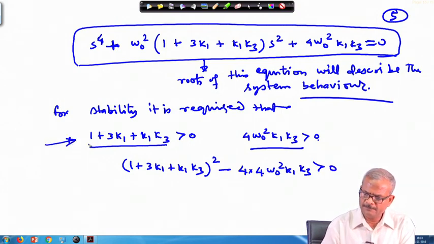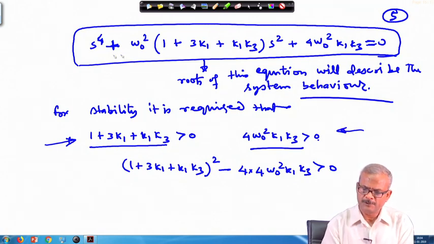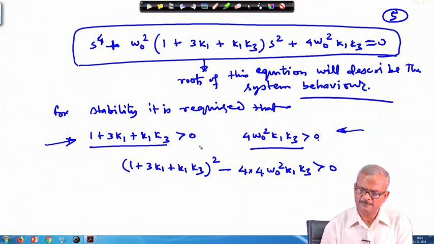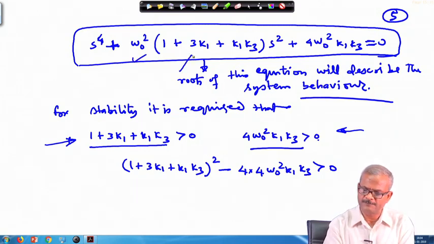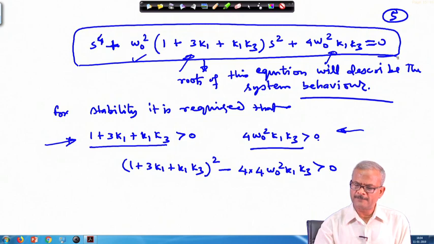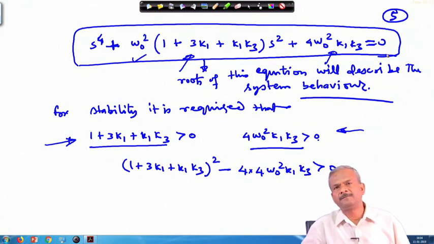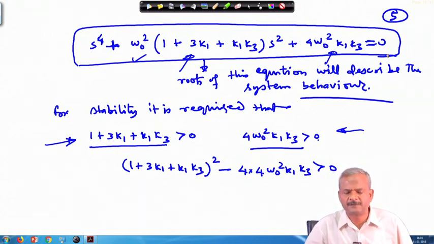You know very well that the coefficients of this polynomial in s must be positive, if we do not want to have any roots in the right half complex plane. If the roots are in the right half complex plane, it means the system becomes unstable.